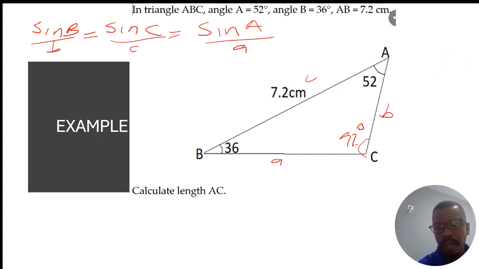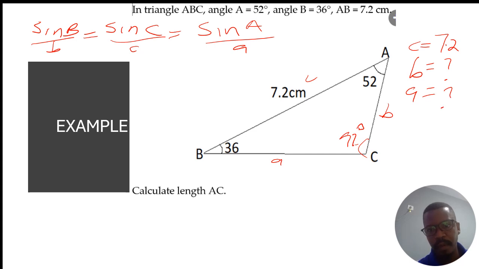Just trying to show that, not to find that. Okay, in this one, we know that c is equal to 7.2. Okay, b, which is AC, we don't know. a, we don't know.